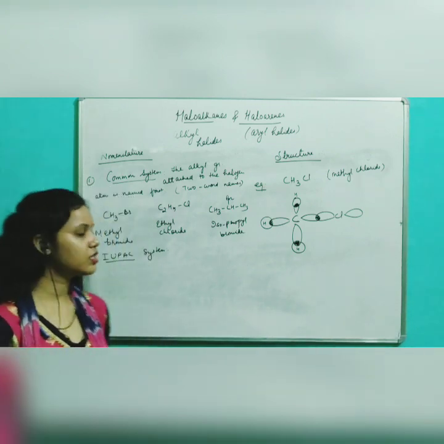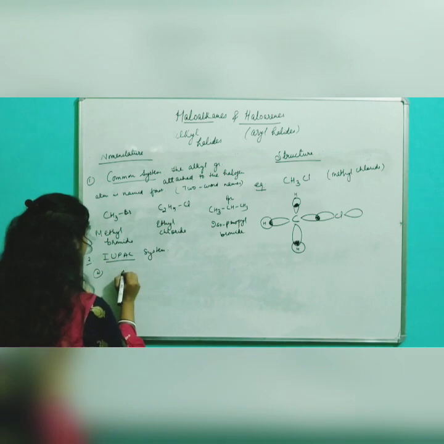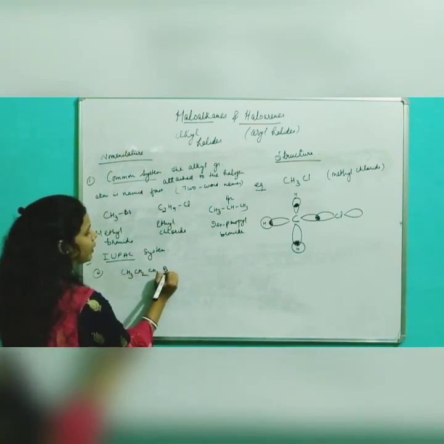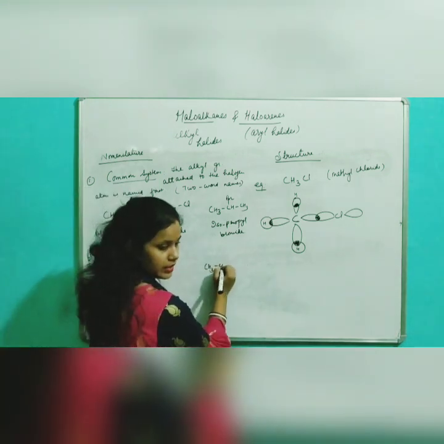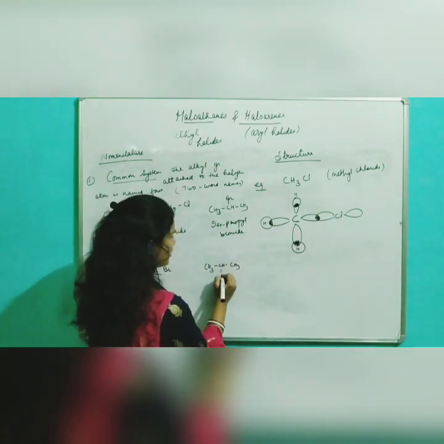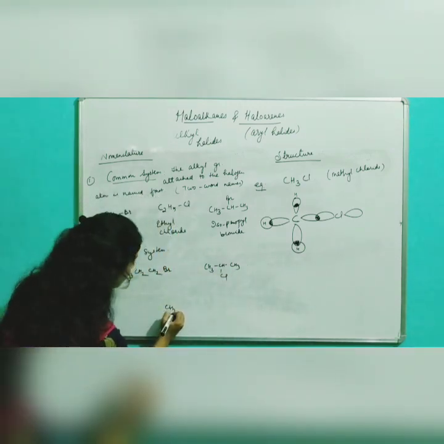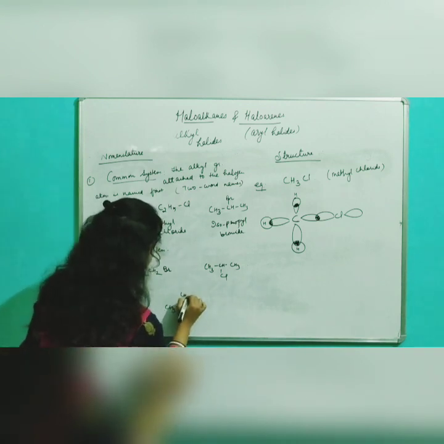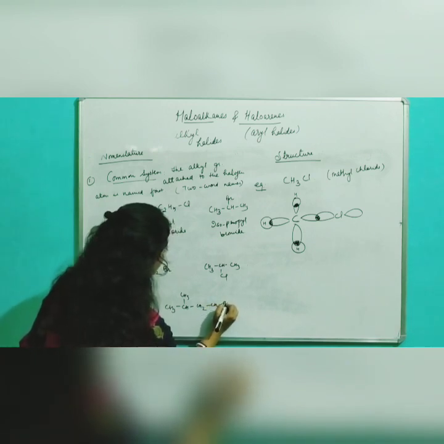For example, let's do questions. We have CH3CH2CH2Br, or we have CH3CHClCH3, or we have CH3CH(CH3)CH2CH2Br.